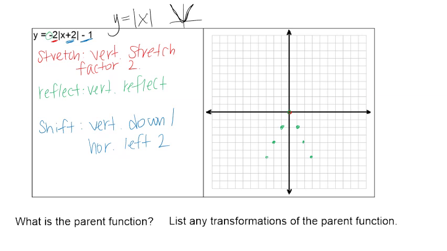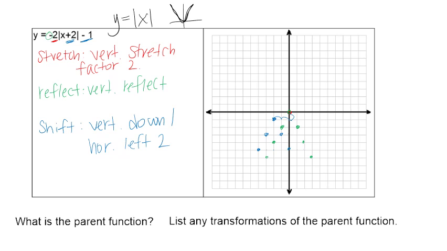So now each of these points, I'm going to take and move them down 1 and then over to the left 2 units. Okay? Down 1, to the left 2 units.